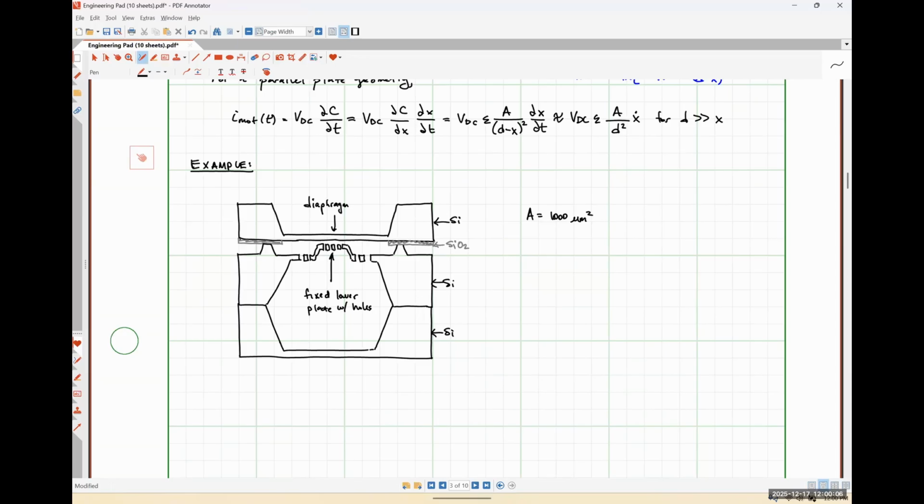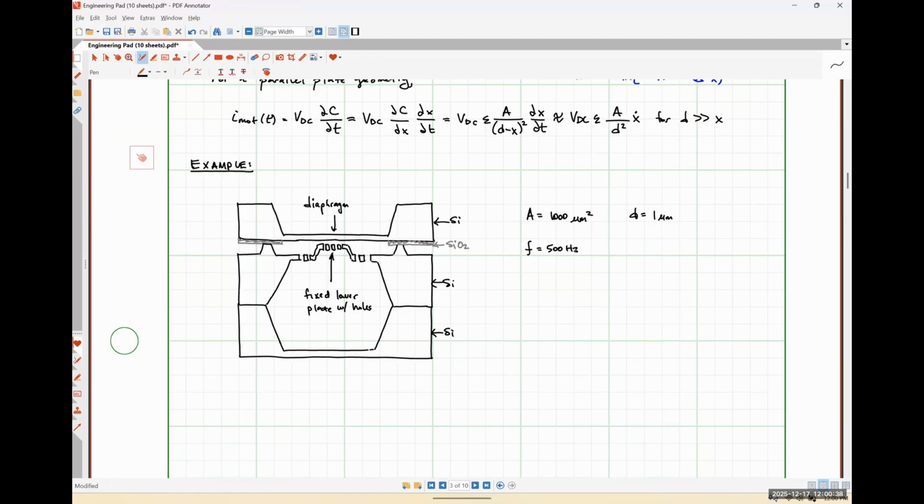The distance between our plates is 1 micron. Our frequency of oscillations, in this case, we're going to say is 500 hertz. Realistically, if we had human speech, it's going to be anywhere between 15 hertz and I think around 10 kilohertz. But let's say this is a person with a relatively deep voice talking in a monotone.